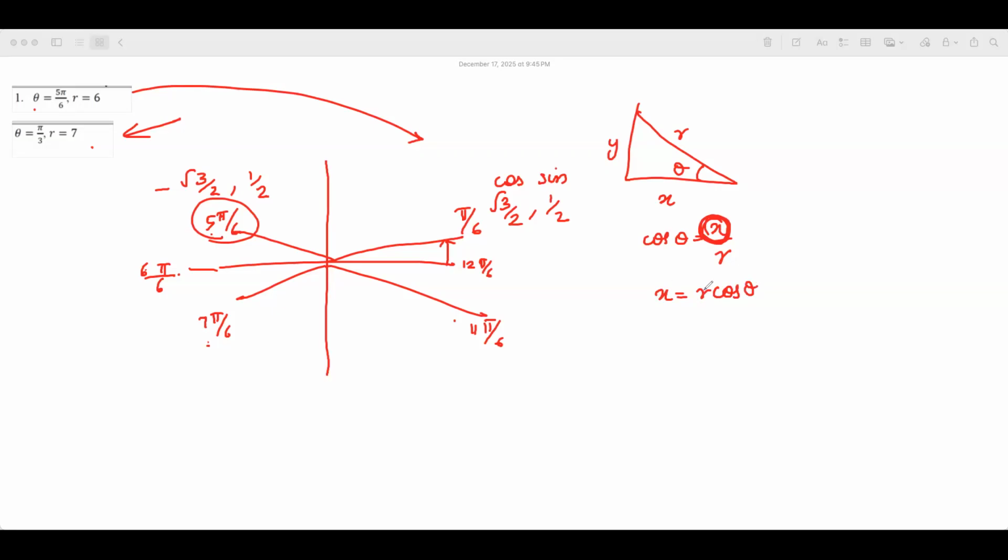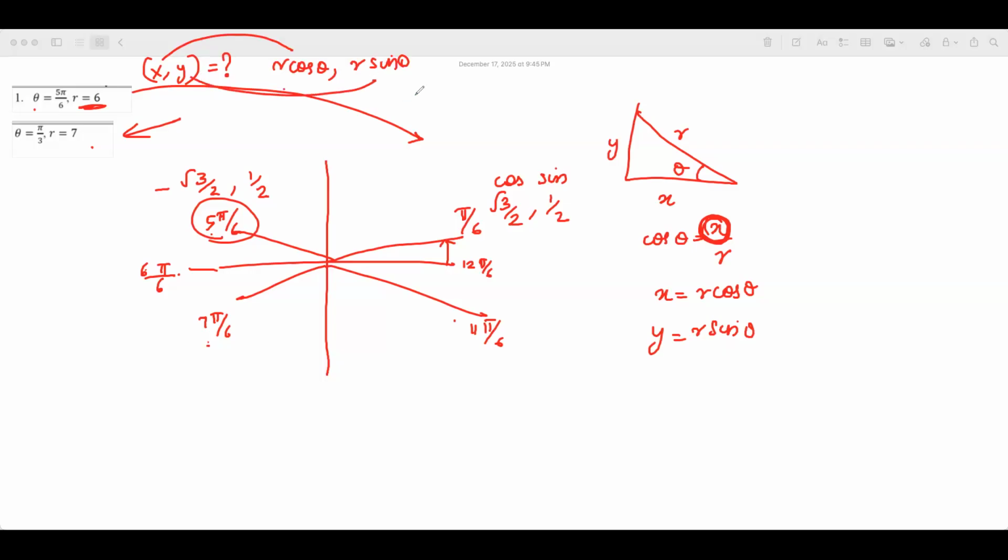Since we always deal with unit circle, we put r equal to 1. This is not a unit circle, right? y will be r sine theta. Now do you know how to find the x comma y coordinates? X coordinate is r cos theta, y coordinate is r sine theta, right?